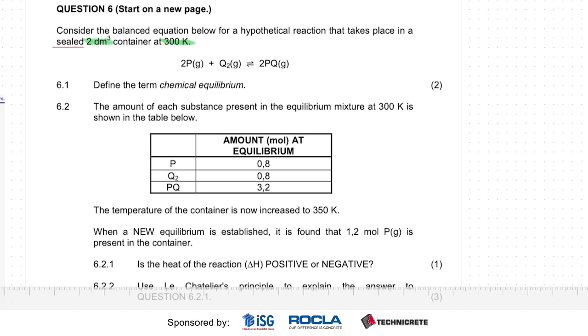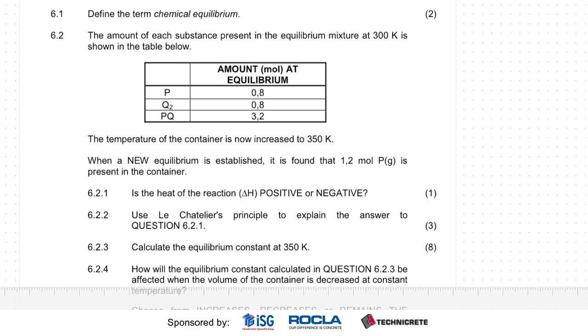You could also say the concentration of reactants and products remain constant. So either of those 2 definitions. The important part is that the rate of the forward reaction equals the rate of the reverse reaction. That somehow has to be paraphrased or included in your answer for you to get the 2 marks.